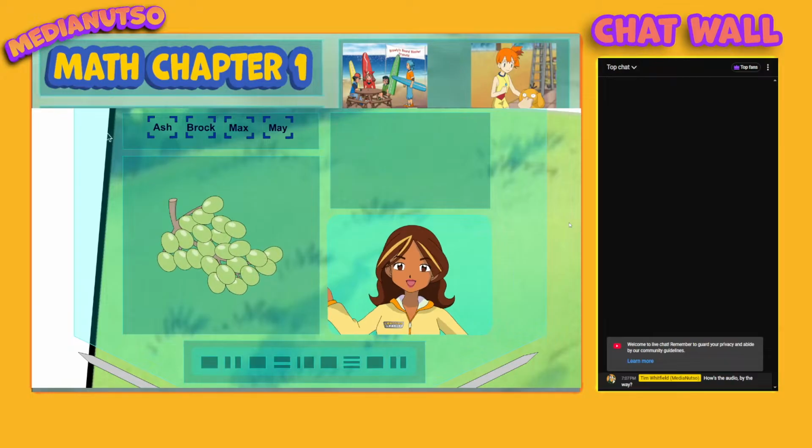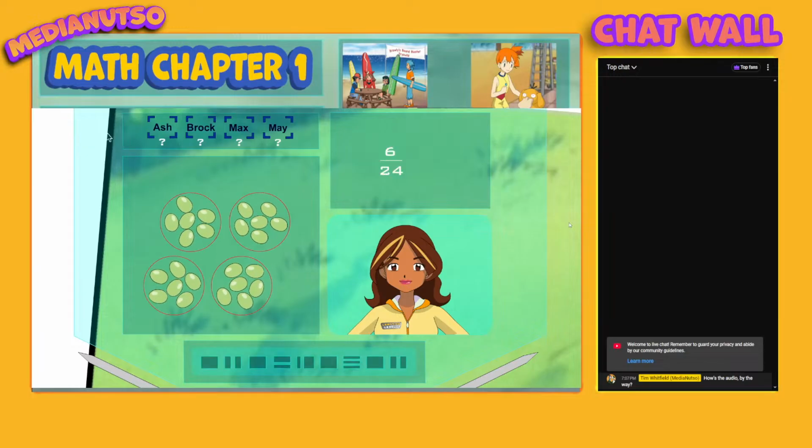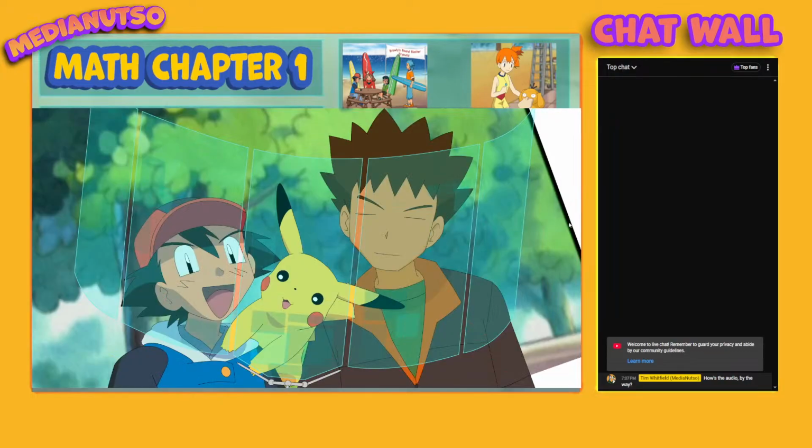You have 24 grapes. Since 6/24 is equal to 1/4, if you each get 6/24 of the grapes, you'll each get 1/4. Now we have 4 groups of grapes. Each has 6 grapes in it. Will everyone get the same amount? Yup. We each get 1/4 of the total grapes, which is 6 grapes. Because 1/4 and 6/24 are equivalent fractions.